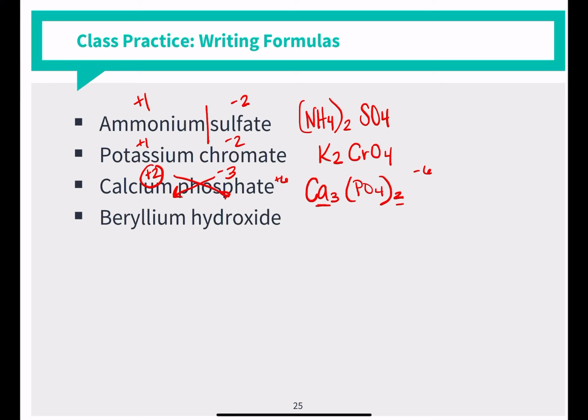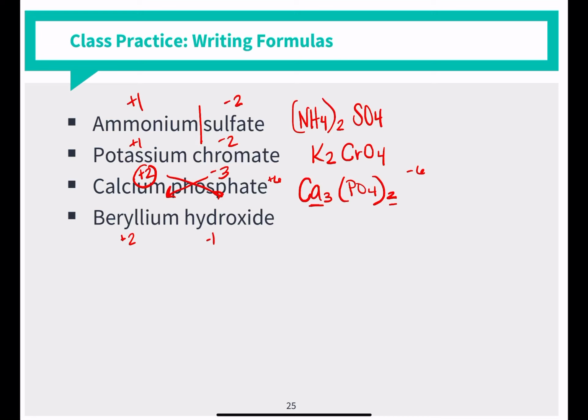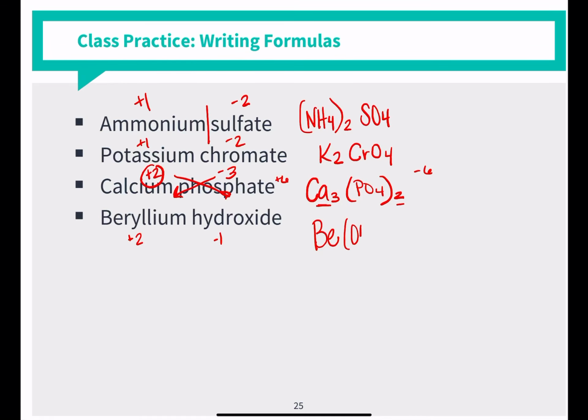Okay. The last one that we have here is beryllium, which is a positive 2. And hydroxide, if you find it on the table, is a negative 1. So we are going to write this as beryllium, and then we're going to have 2 hydroxides, okay?